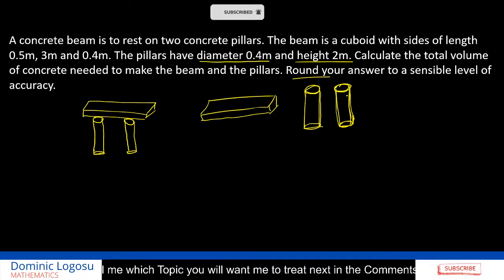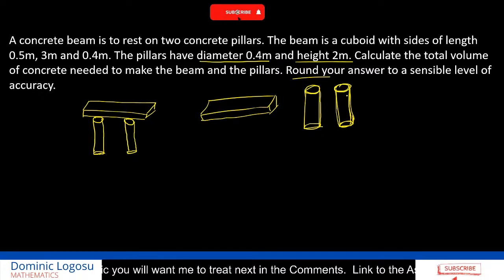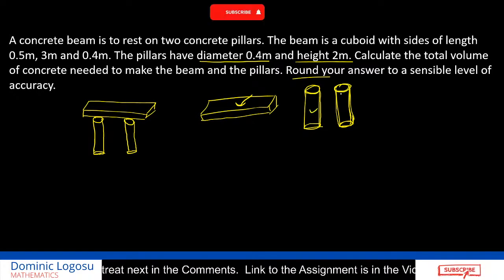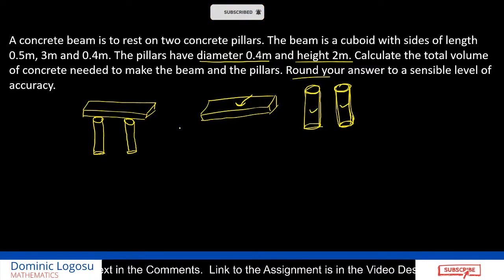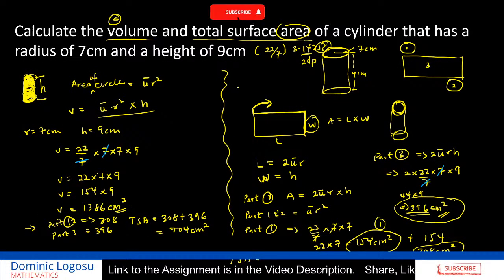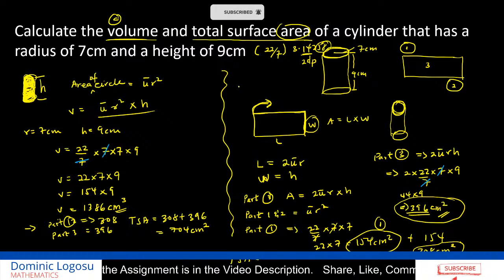Once we have it, they are saying that we should calculate the total volume of concrete needed. Immediately we have to find the volume of this cuboid, and then the volume of this tube. So it is in 3 parts. But just like the example we did, even though it's in 3 parts, 2 of those parts are the same.